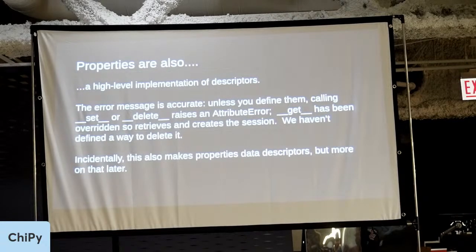So what that means in a nutshell is this error message is accurate because unless you define them, calling set or delete on a property is going to raise an AttributeError because get has been overwritten, so it retrieves and creates the session. There's no way to delete it defined. So there is no __set__, __delete__.